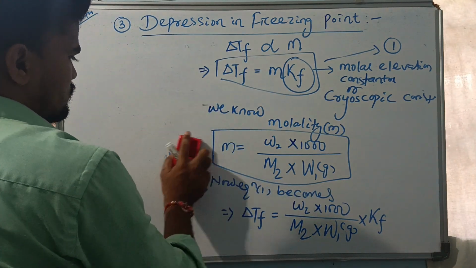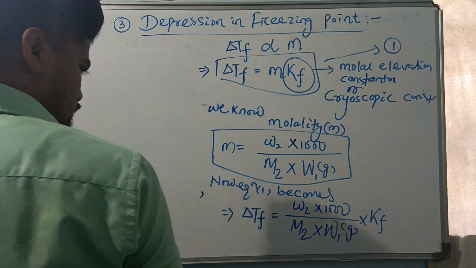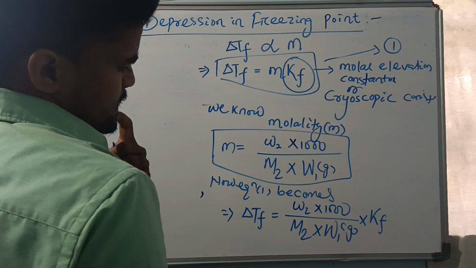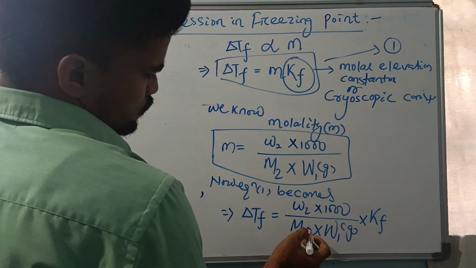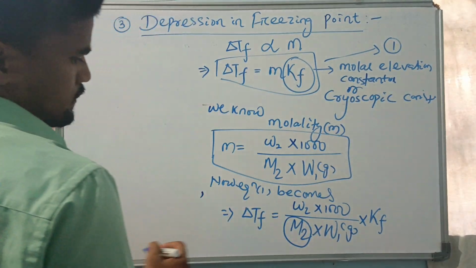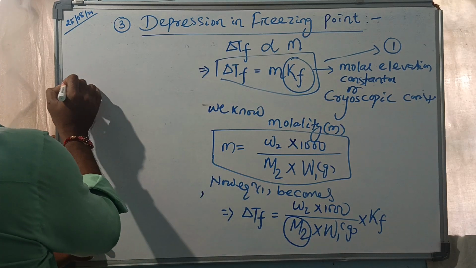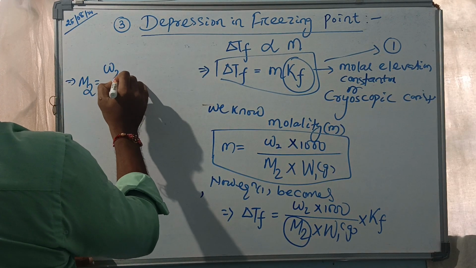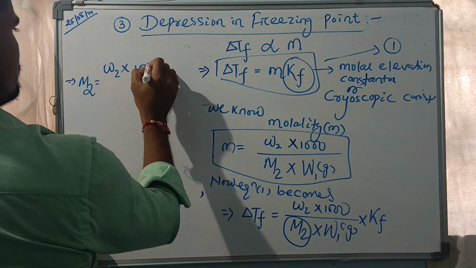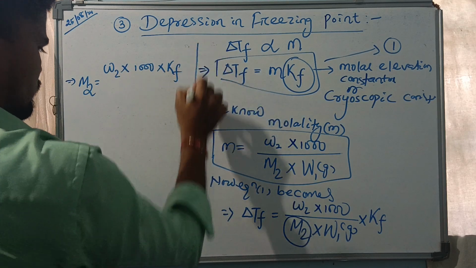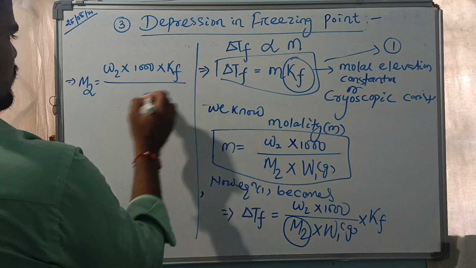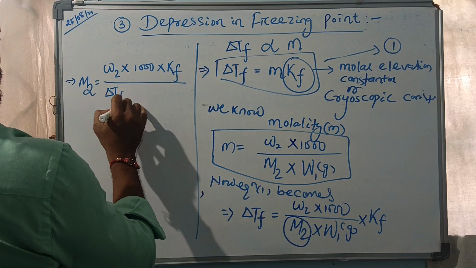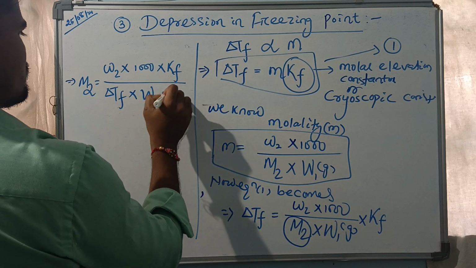Okay. Now suppose we need to calculate the molar mass, the molecular weight of the solute. That implies M2 is equal to the weight of solute into 1000 into Kf, whole divided by Delta Tf into W1.